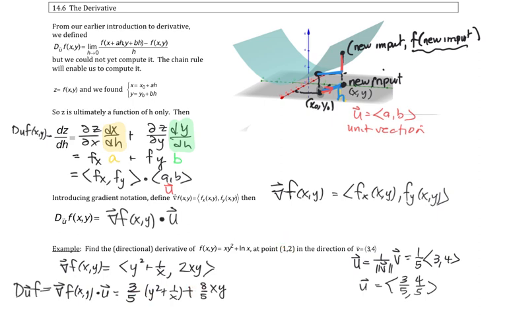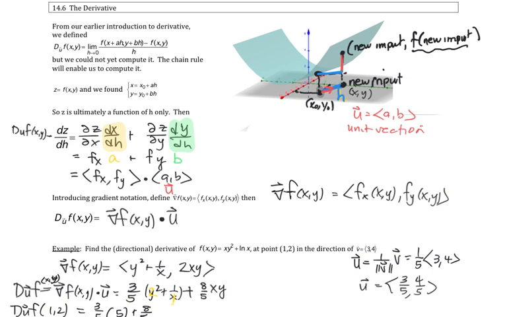We specifically want it at the point 1, 2. So the derivative at the specific point 1, 2 is going to be putting in a 1 for x and a 2 for y. We get 3/5 times 2 squared plus 1, so 5, plus 8/5.